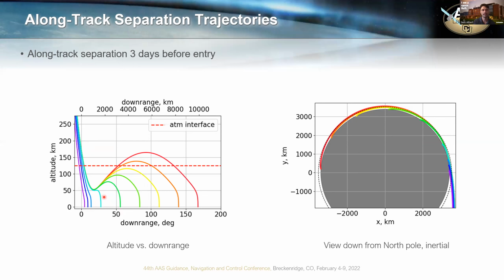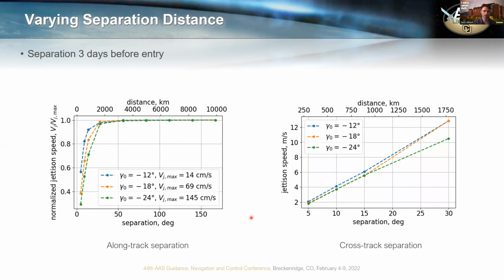And then after a while, they're coming in on a very similar trajectory, but due to tiny changes, they coast longer and longer during the atmospheric flight phase, to the point that these final couple trajectories actually skip out of the atmosphere and then finally come back in over their desired landing site. And you would see that if we zoomed in really close on this figure. So they're achieving these long extensions by flying through the atmosphere for a long time, and that's part of why these jettison speeds change so little.